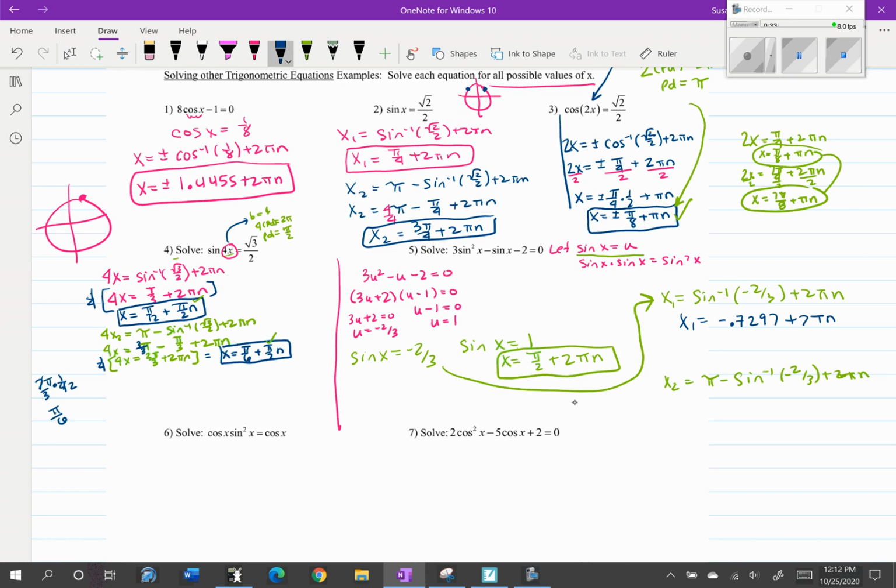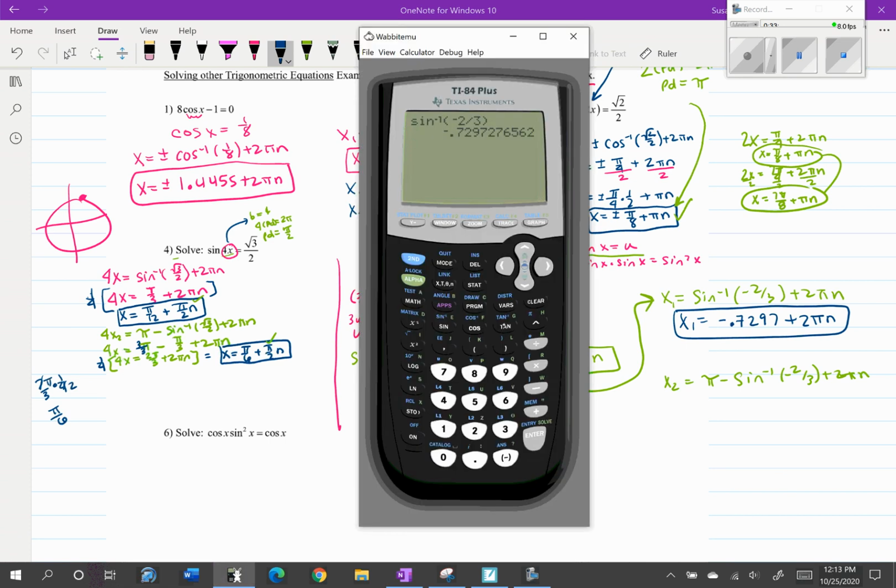So that gives us our first solution. And so our second solution, x sub 2, is pi minus the sine inverse. So on my calculator, I'm just going to hit pi minus the sine inverse. This was the sine inverse. I'm just going to hit that and enter.